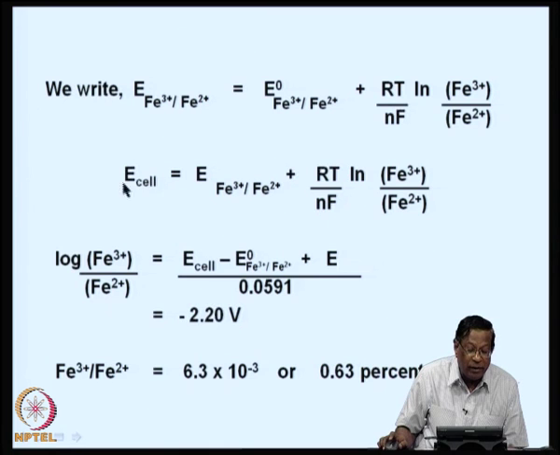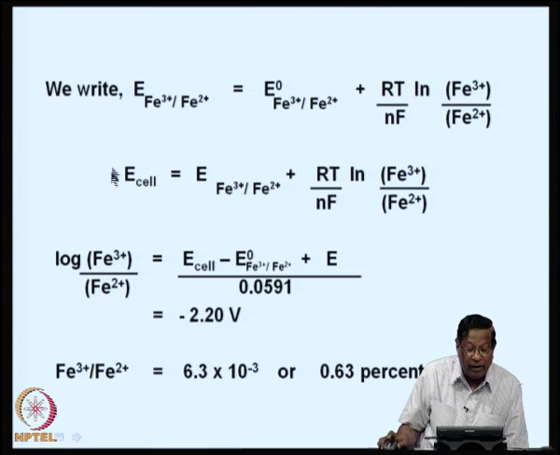So, if you measure the E cell actual difference when connected, you can write it as E of Fe3+/Fe2+ plus RT by nF ln [Fe3+]/[Fe2+]. This is actually E cell.